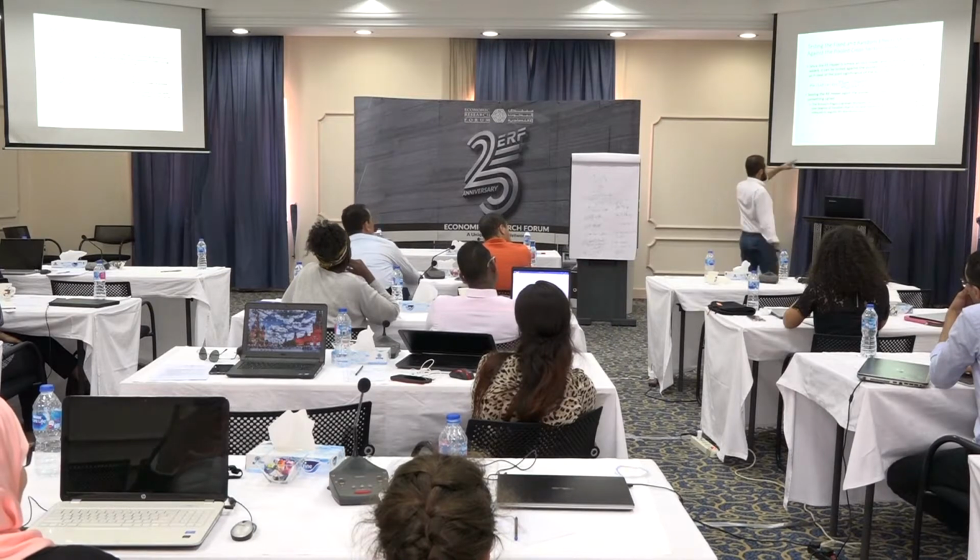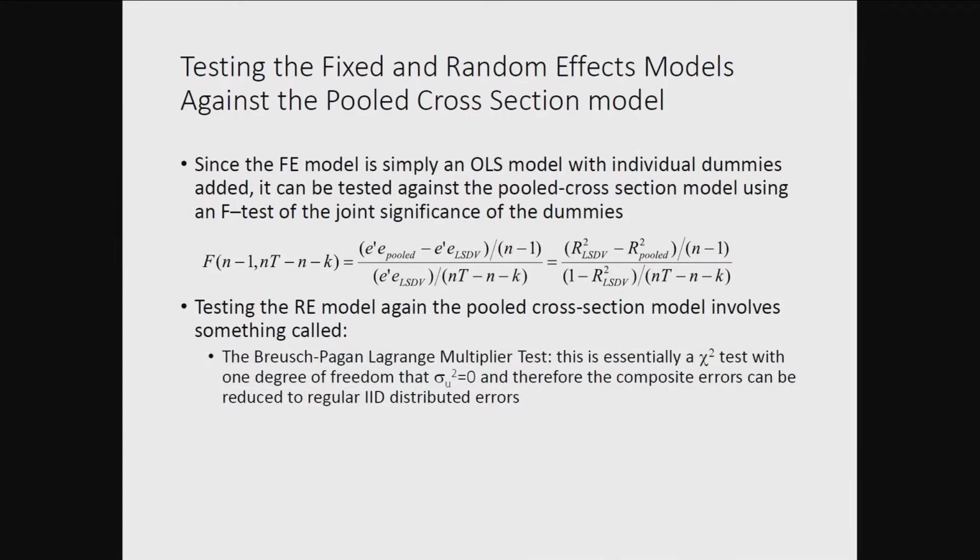If it's 0, what happens? I remind you that my error term, Vit plus Ui, all of this was the error term that I have in the random effect model.